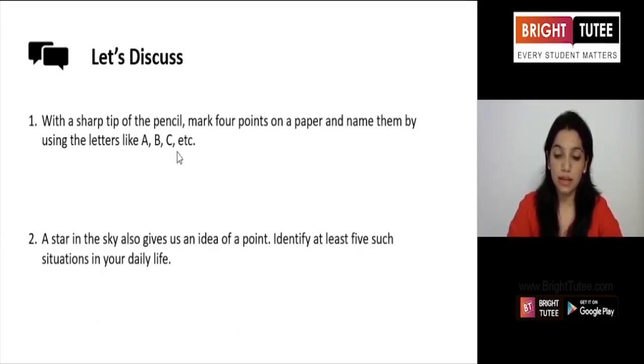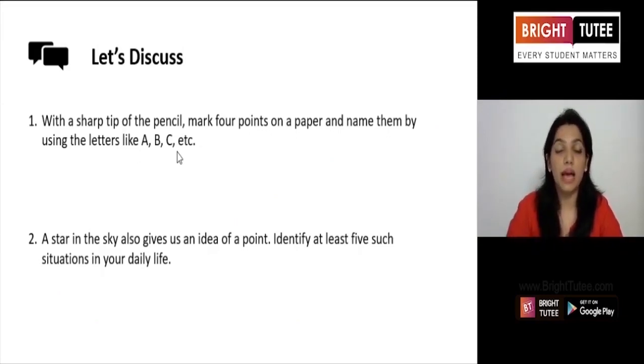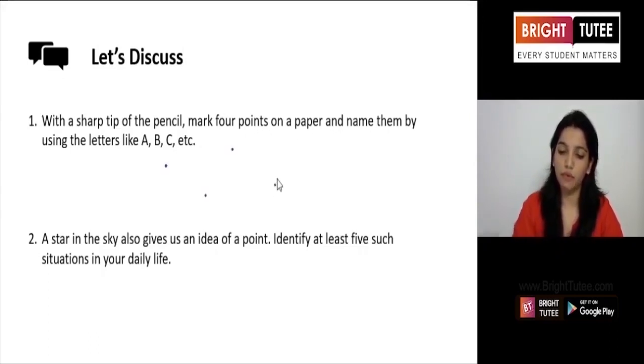What is it saying? It is saying that with a sharp tip of a pencil, I have a pen here, so I'm going to mark with this pen. If you have your notebook ready with you and a pencil, make sure that the tip of your pencil is really sharp. You need to mark 4 points on the paper. I'm going to do it here for you. 1, 2, 3 and 4. I have marked 4 points.